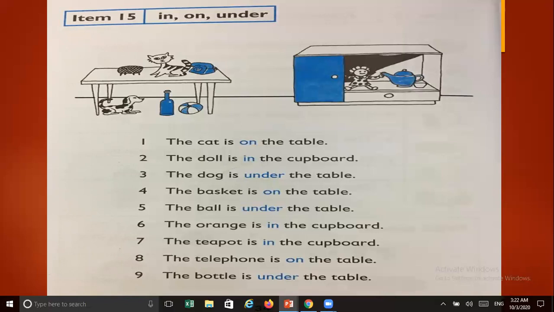The doll is in the cupboard. You can see the doll is here. Number 3. The dog is under the table. The dog is not on the table or in the cupboard. The dog is under the table.